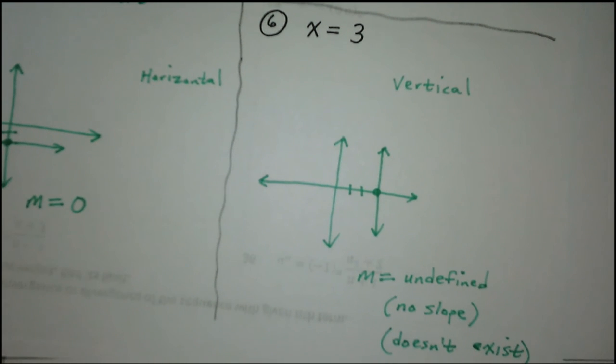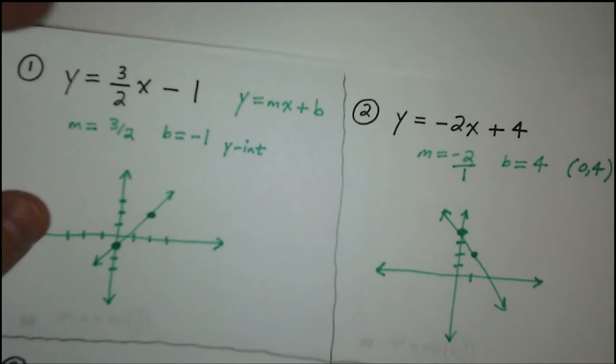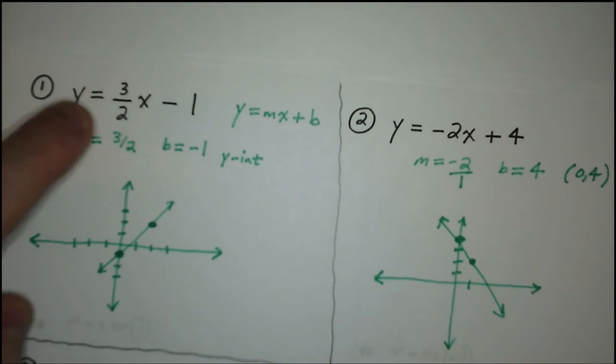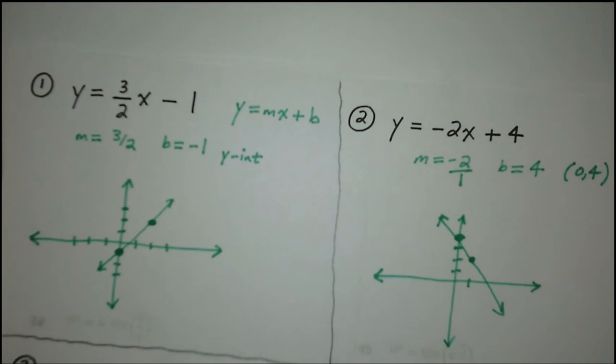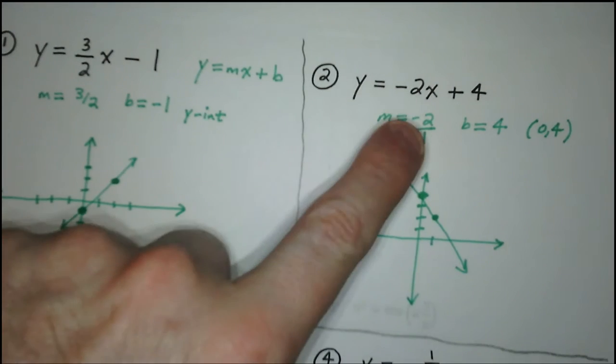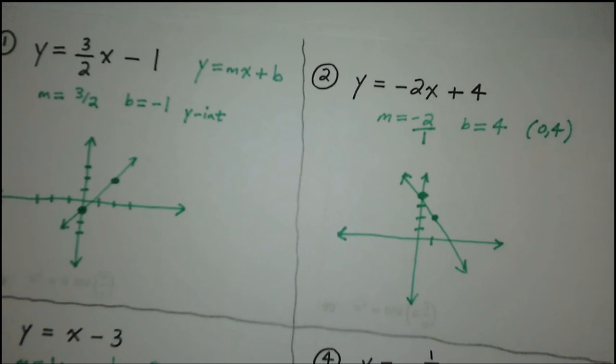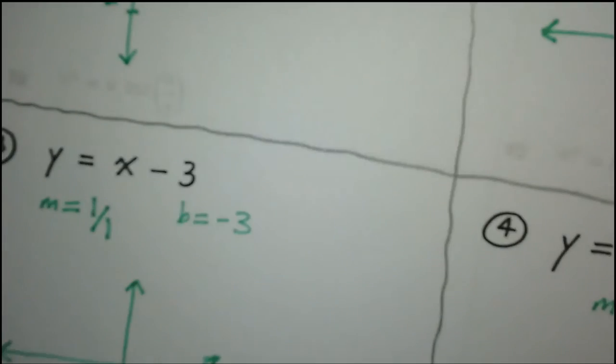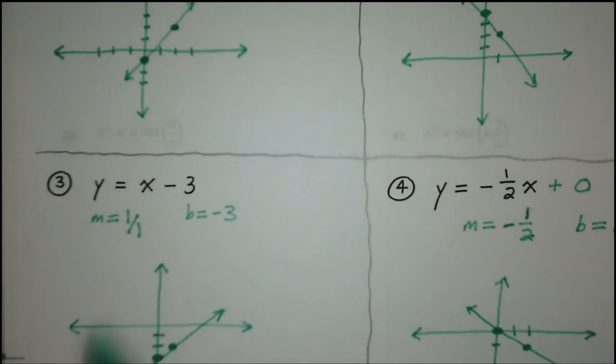Alright, and that's the quick summary of pretty much every little situation, you know what I mean? Slopes that were already fractions, slopes that were negative, slopes that you had to make into a fraction by putting it over 1, slopes of 1 where you don't even see the 1, it's invisible.